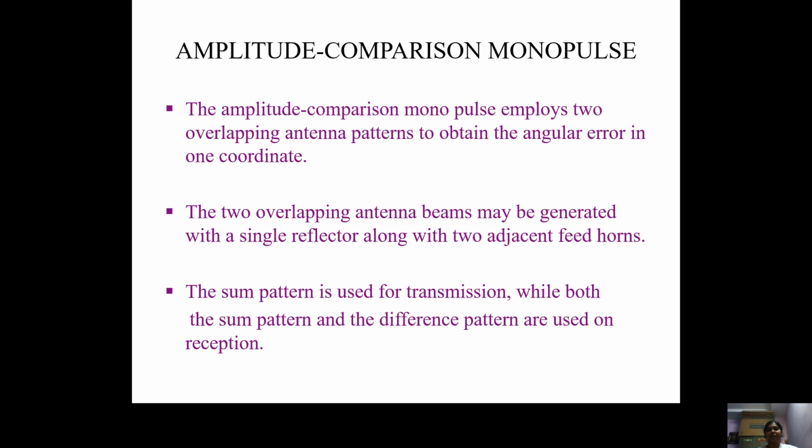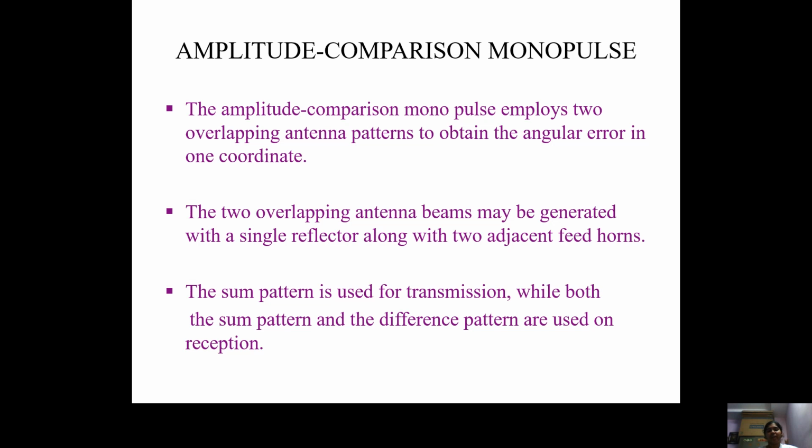A single parabolic reflector, which is of parabola shape, is used as the main antenna, along with two adjacent feed horn antennas, so that these adjacent feeds generate radio frequencies, fed to the single parabolic reflector, where they can be combined and transmitted from the transmitter.